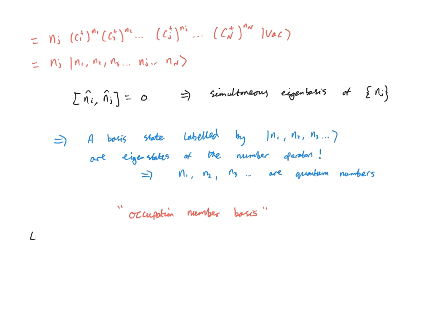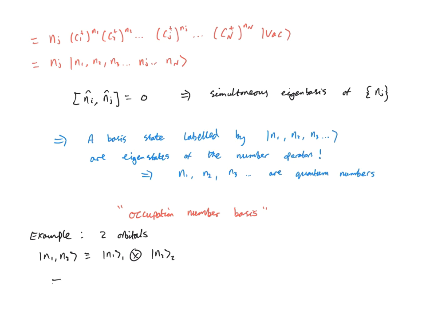So, for example, with two orbitals that we were looking at explicitly earlier, I could have a state defined n1, n2. This means n1 electrons in site 1, direct product with n2 electrons in site 2.